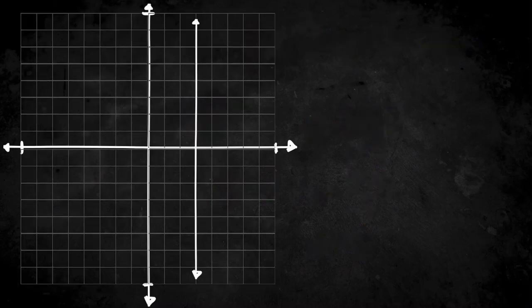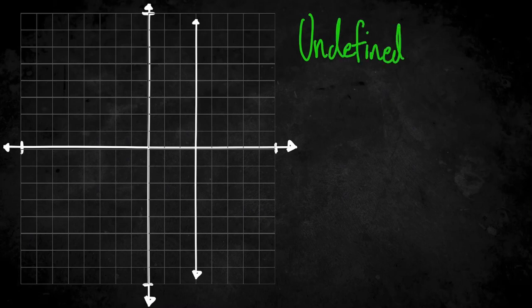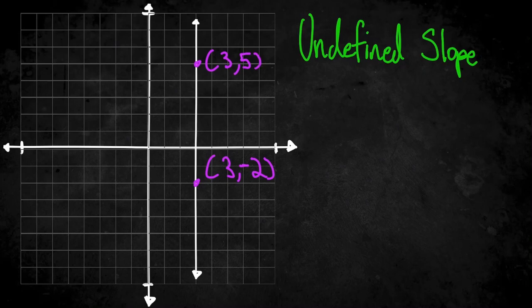Let's try another problem. We have a line and it is not horizontal, it is vertical. That means that this line has an undefined slope. And now let's solve the slope of it. Let's do (3, -2) and let's do (3, 5).